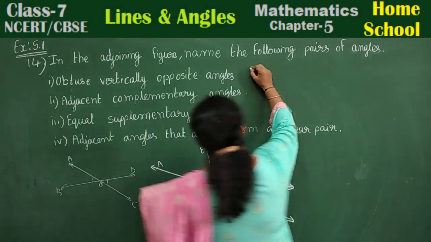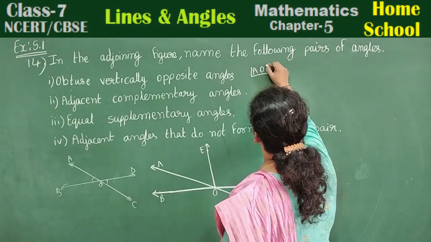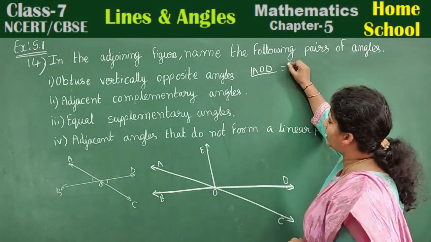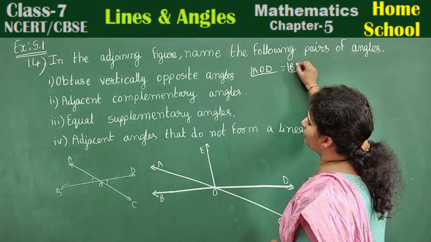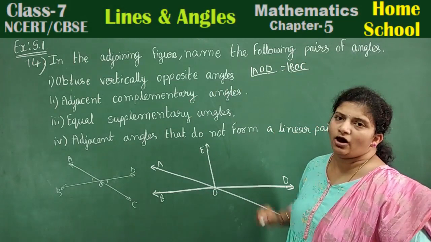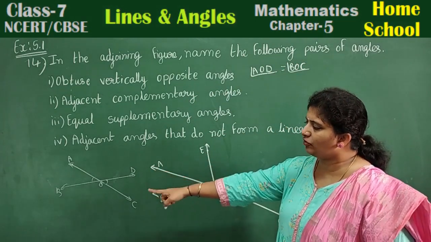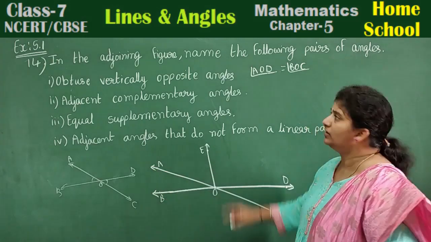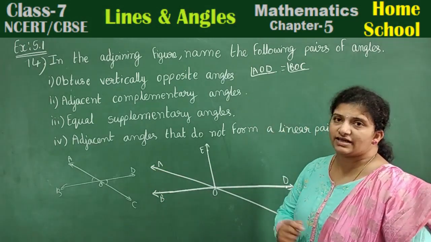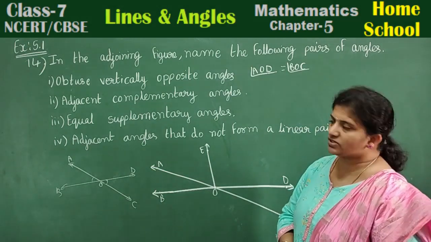Right here, angle AOD is equal to angle BOC. Obtuse angles are angle AOD and angle BOC. Whereas vertically opposite angles are equal, so we can write angle AOD is equal to angle BOC.